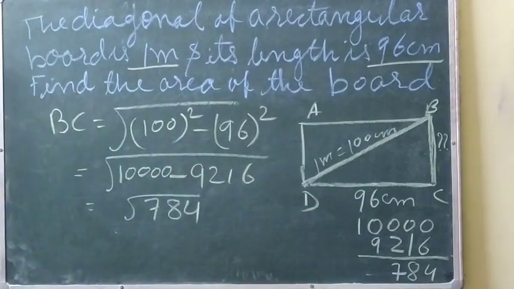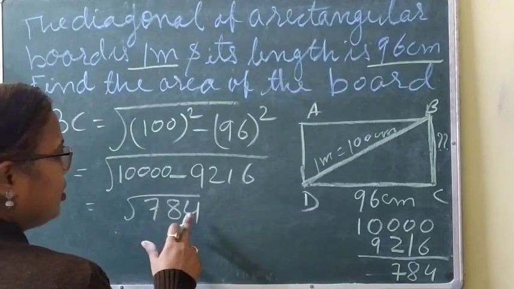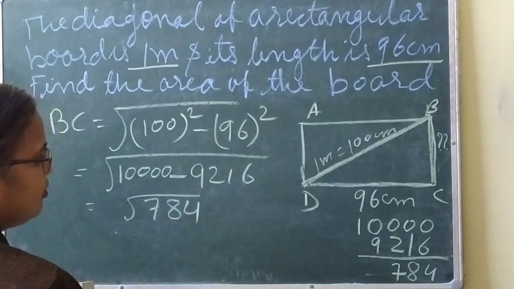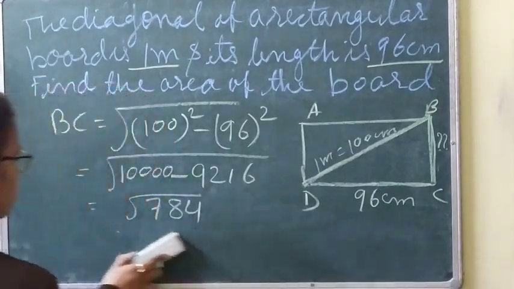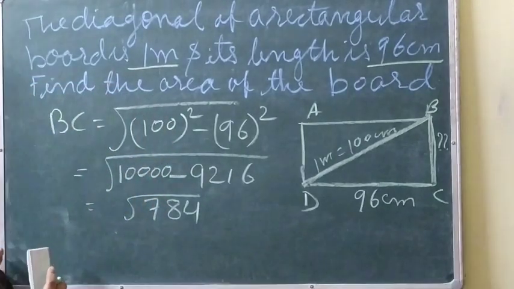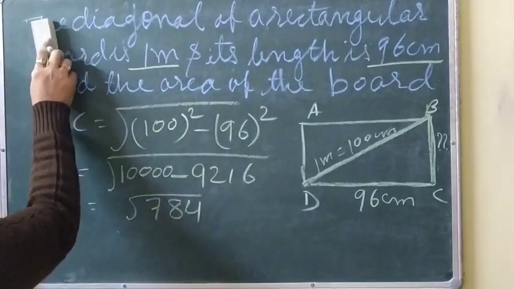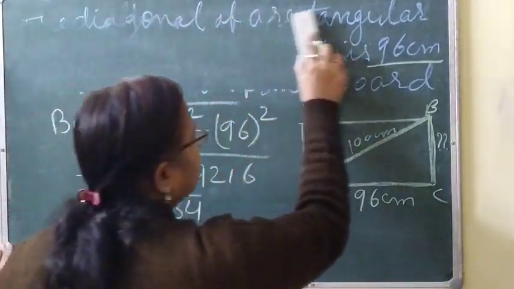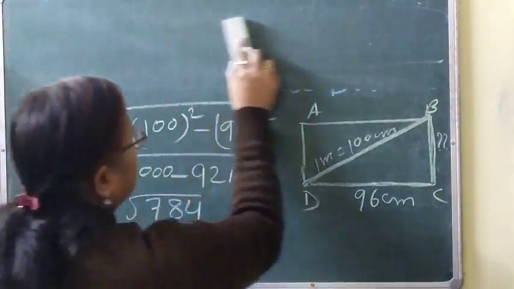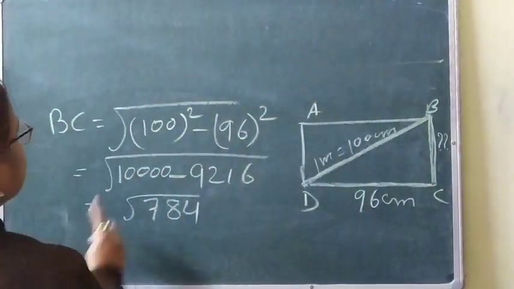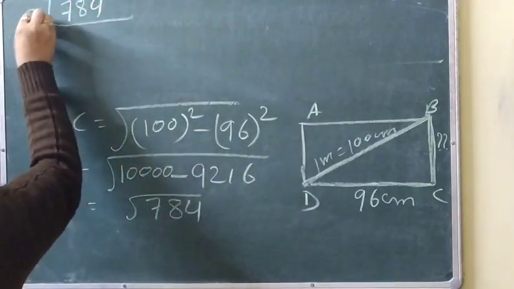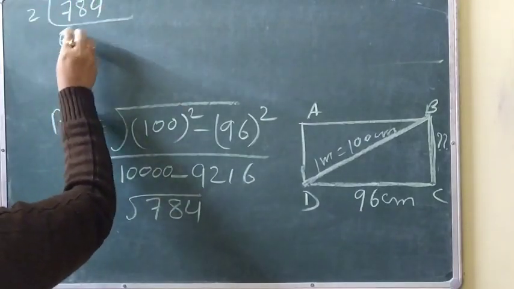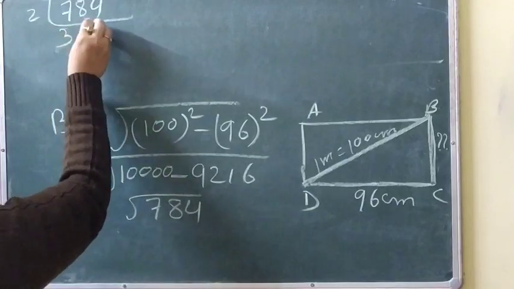And then now we have to find out the square root of what? 784. How we will find out? I am doing it here, because we know we have to find out the area. So 784. So 2 3s are 6.